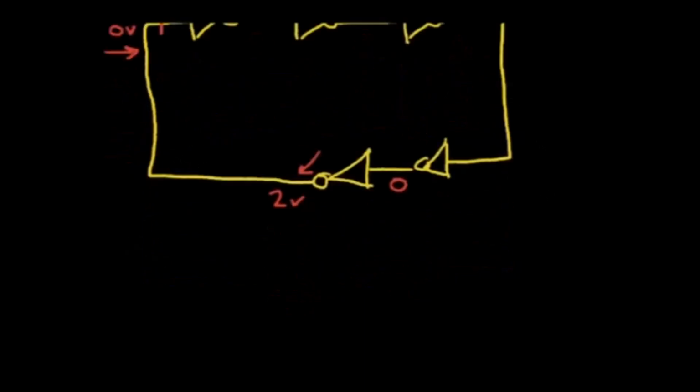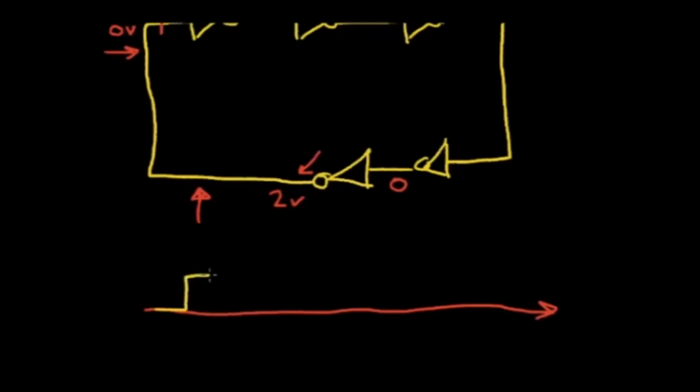And if we examine the voltage at any node in here, let's take this node, and we examine that voltage versus time. So if this is our time axis, and if we initially start out with 0 volts at that node, after 5 inverter delays it's going to switch to a 1.